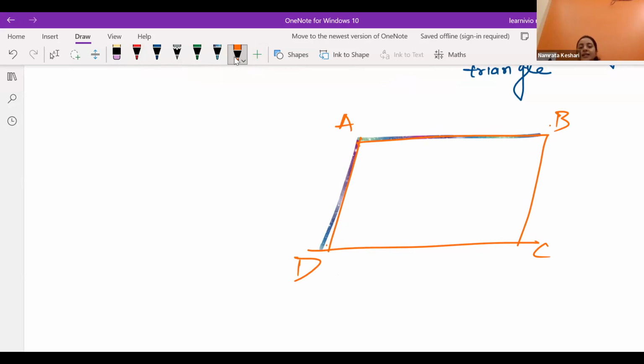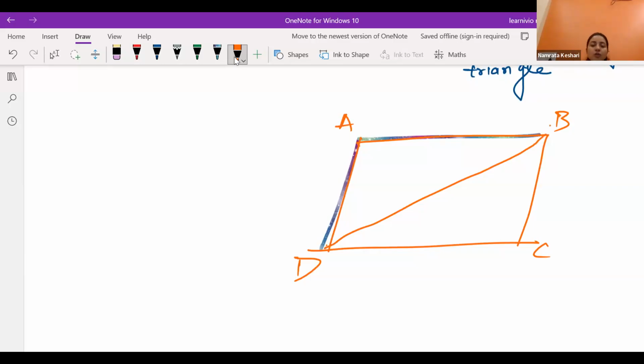Congruent triangle means exactly same triangle. That's what we have to prove. Yes. We have to prove here that ABD and BCD are congruent, keeping in mind that ABCD is a parallelogram.